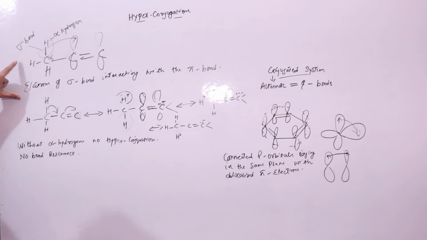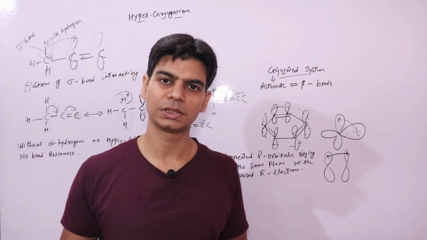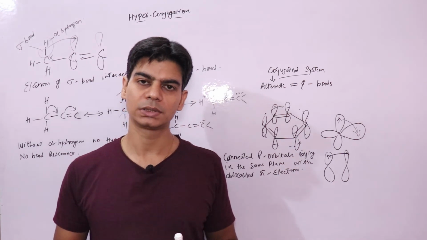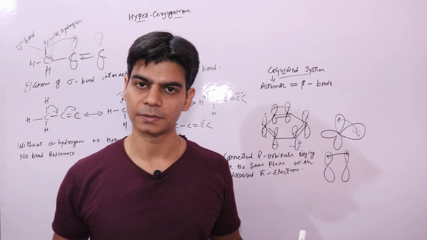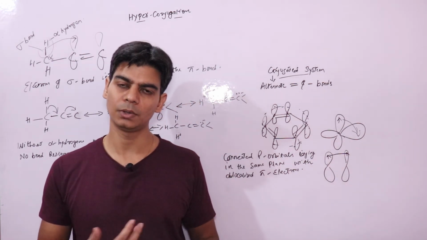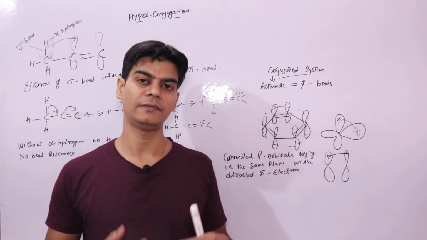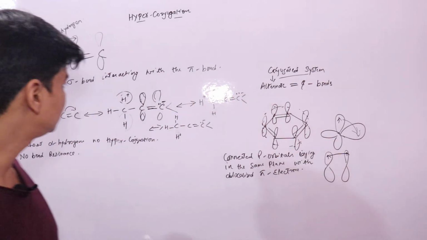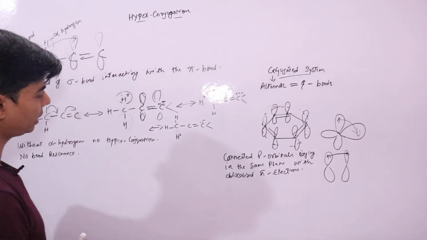Now you can easily see that via hyperconjugation the organic molecule gets polarized, right? Because this is what we are looking into, the mechanism of organic reactions, that is, how a molecule develops polarities. So when you have this kind of system, polarities get developed.